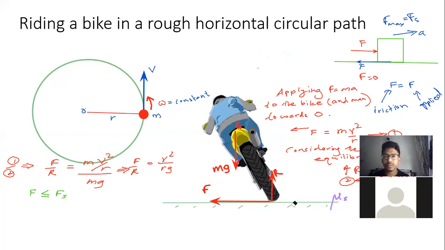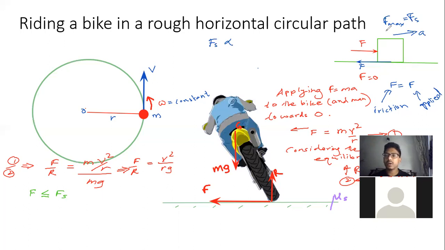So for limiting friction, we can write that Fs is proportional to the pressure or the force between the floor and the object.